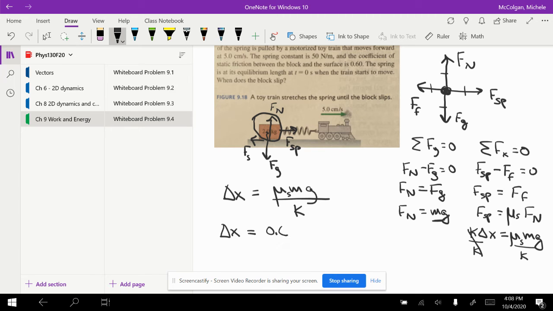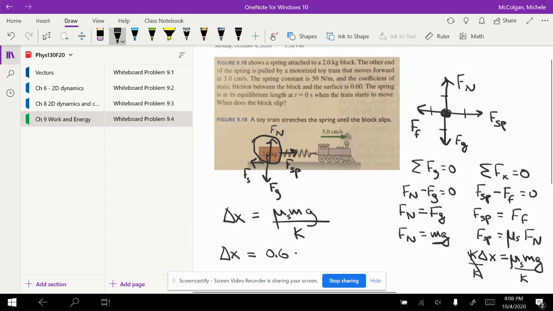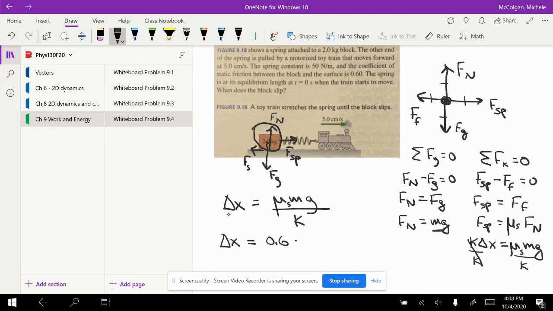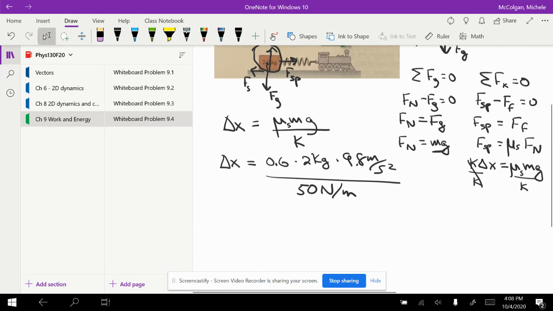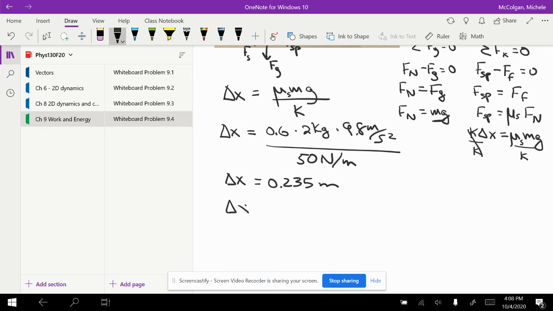So this is 0.6 times the block's mass, 2 kilograms, times gravity, 9.8 meters per second squared, divided by k, which is 50 newtons per meter. When I plug that in, I get delta x equal to 0.235 meters, or delta x equal to 23.5 centimeters.